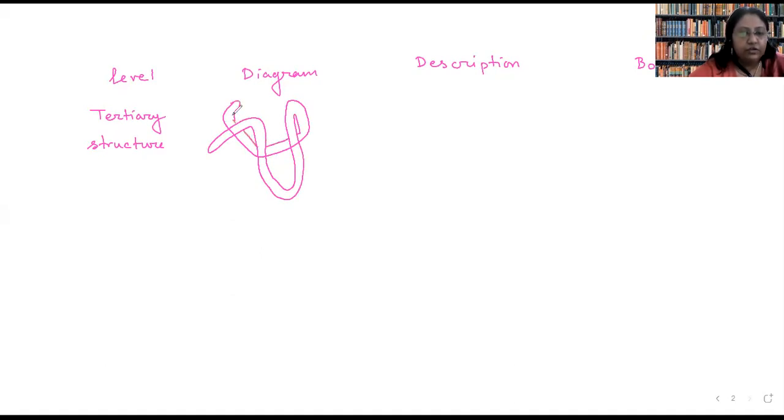If you look into this one protein, you can see beta pleated sheet, alpha helix, beta pleated sheet, alpha helix, and again the beta pleated sheet, again the alpha helix. All of them further coil to give you this three-dimensional structure. This is what is tertiary structure.